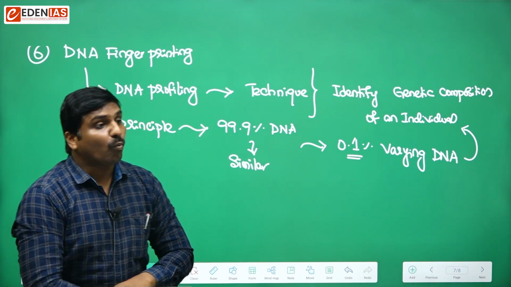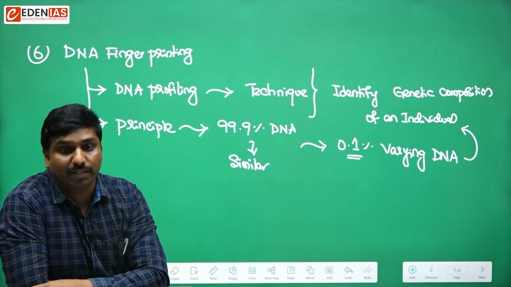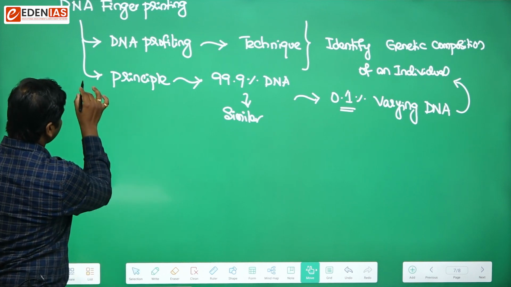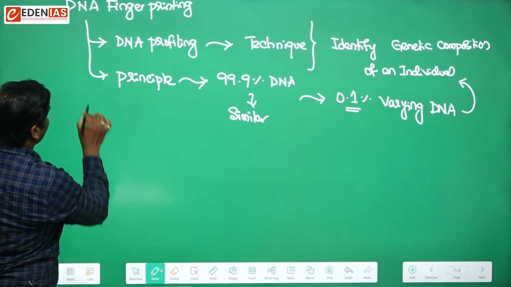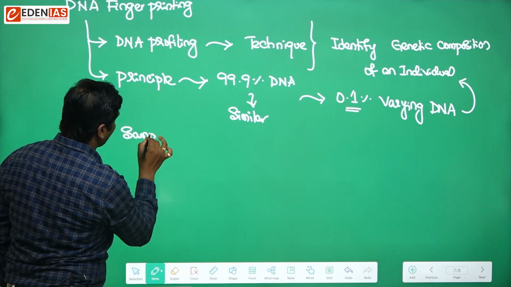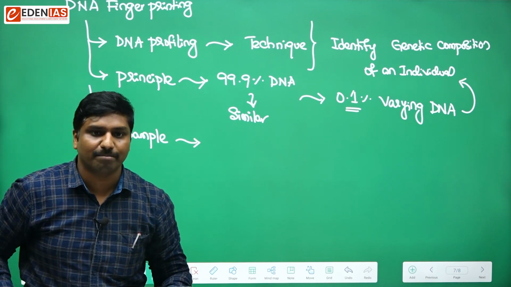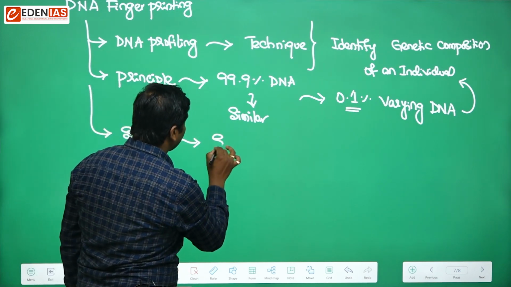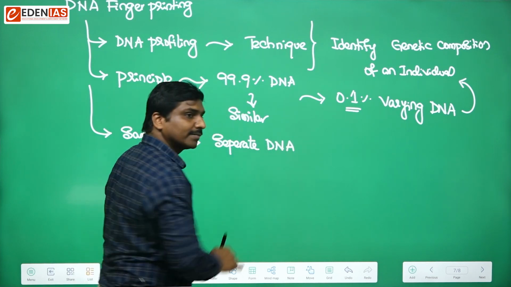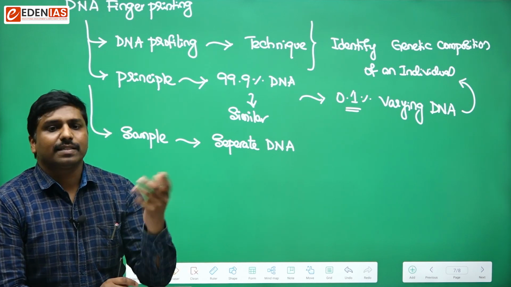So what is the procedure that we will use here? First, whenever we get a sample, we will try to separate the DNA from the sample. After separation, it would be a single copy.